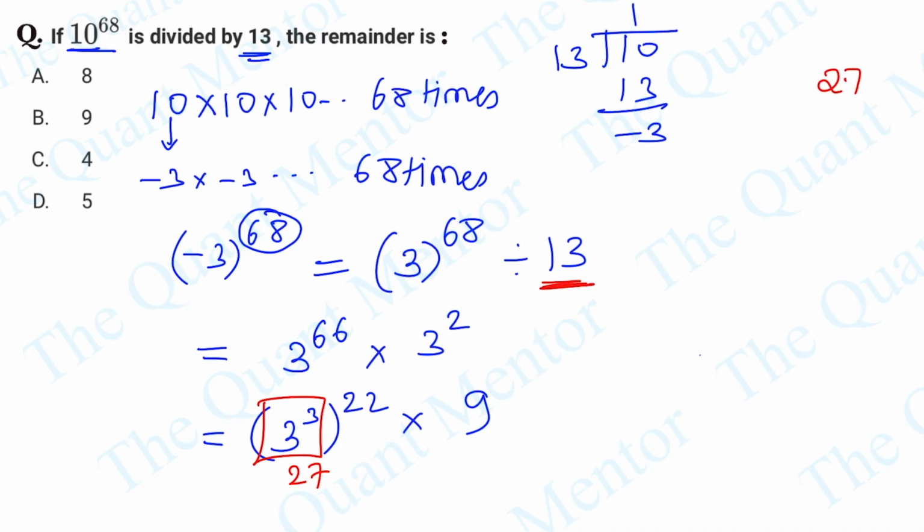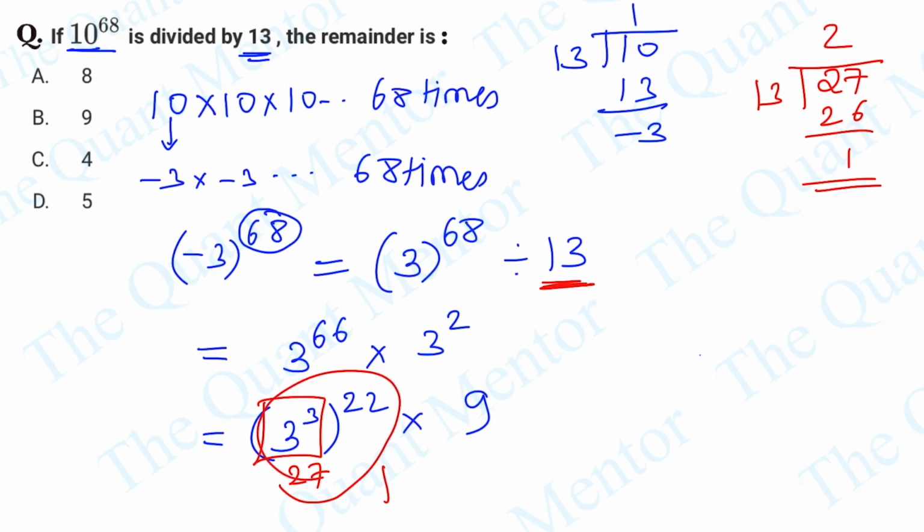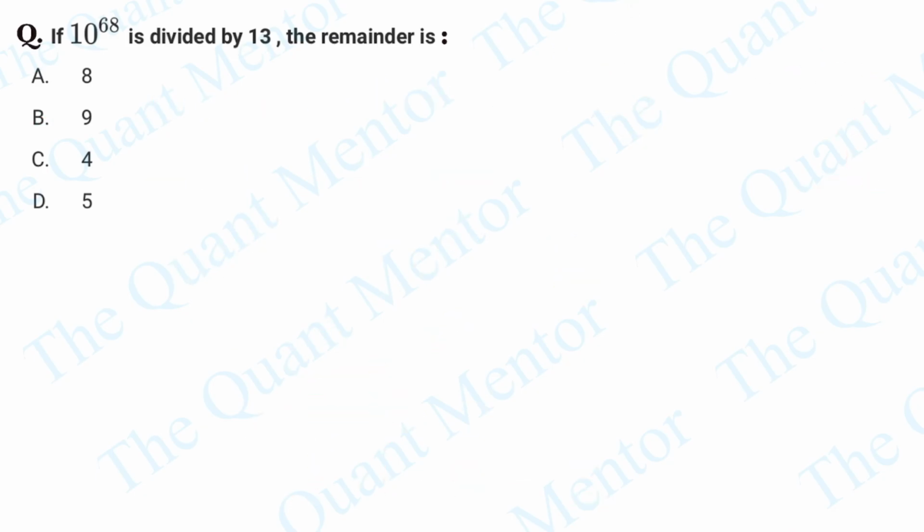You can cross check this as 27 divided by 13, 13 2s are 26. The remainder is 1. So this part gives me a remainder of 1, and 9 divided by 13, the remainder would be 9. Final remainder would be 1 into 9, which is 9, and that is your B option. So that was one way of answering the question.